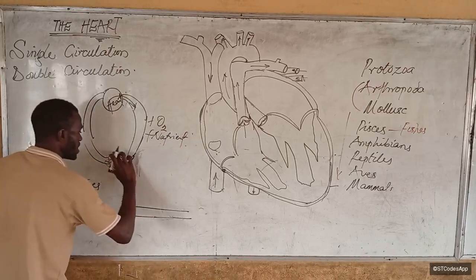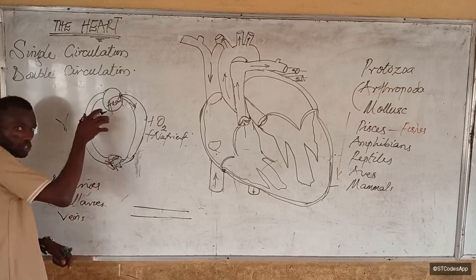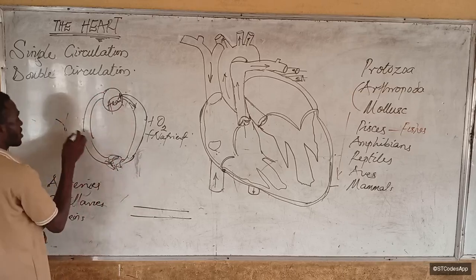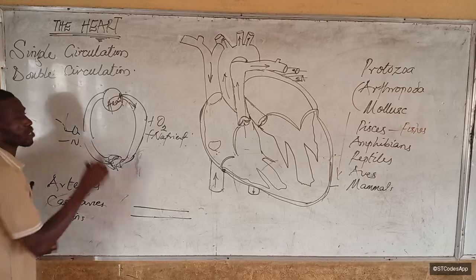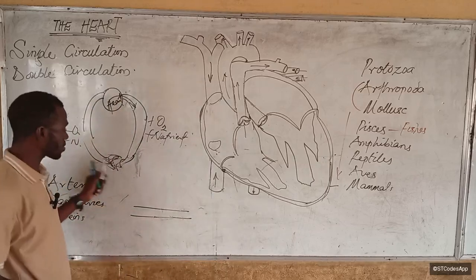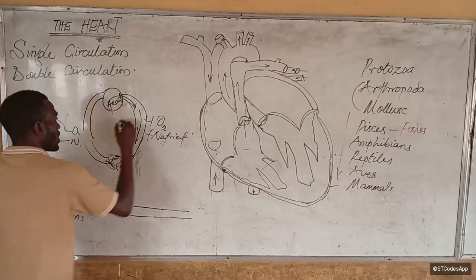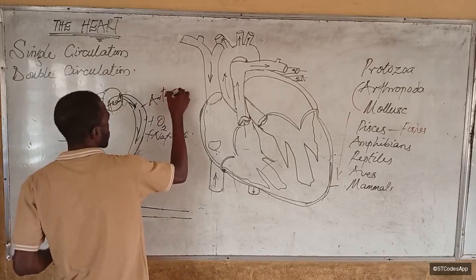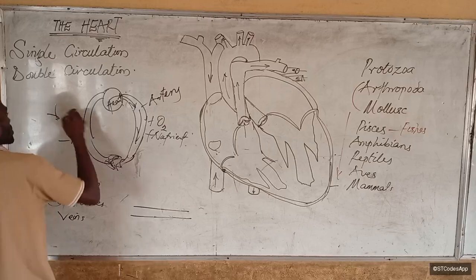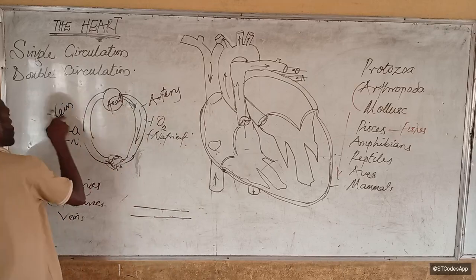Then from here, it goes away through another tube, which I'm going to name later, and at that time it is minus oxygen, minus nutrients, and other substances that blood has delivered. So this system that conveys blood from the heart is called the artery. And this system that conveys blood to the heart is called the vein. From the heart, artery. To the heart, vein.